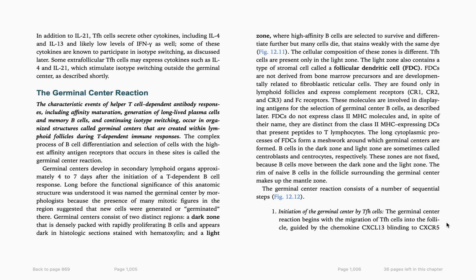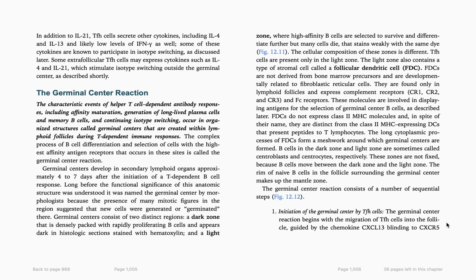In addition to interleukin 21, T follicular cells secrete other cytokines, including interleukin 4 and interleukin 13, and likely low levels of interferon gamma as well. Some of these cytokines are known to participate in isotype switching, discussed later.